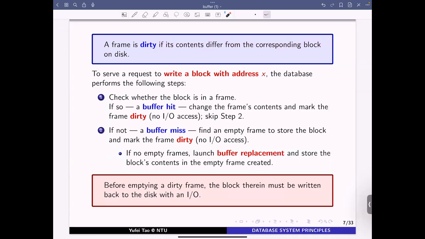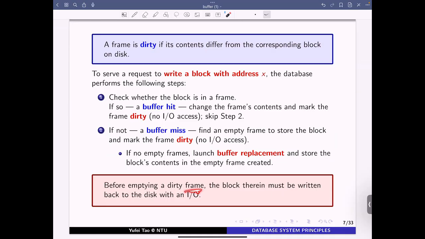Now here, this is a red box, which means this is like a warning message. This is something very important. Eventually every frame will be emptied, right? So let's say during buffer replacement, or when the database shuts down, eventually all those frames will have to get emptied.